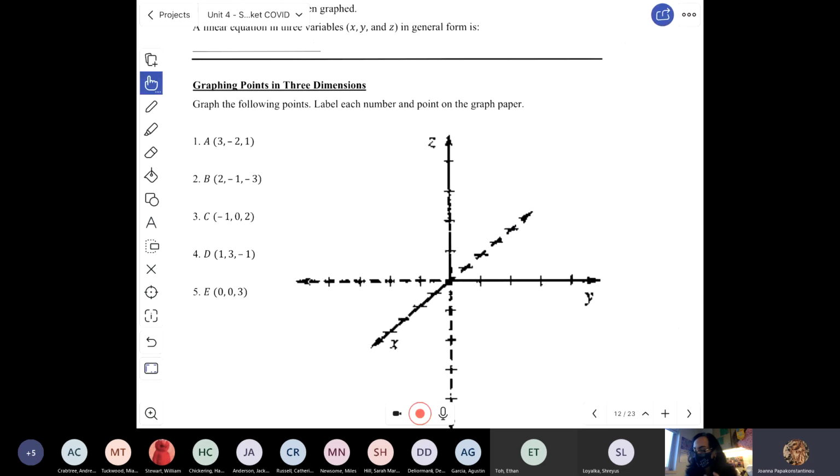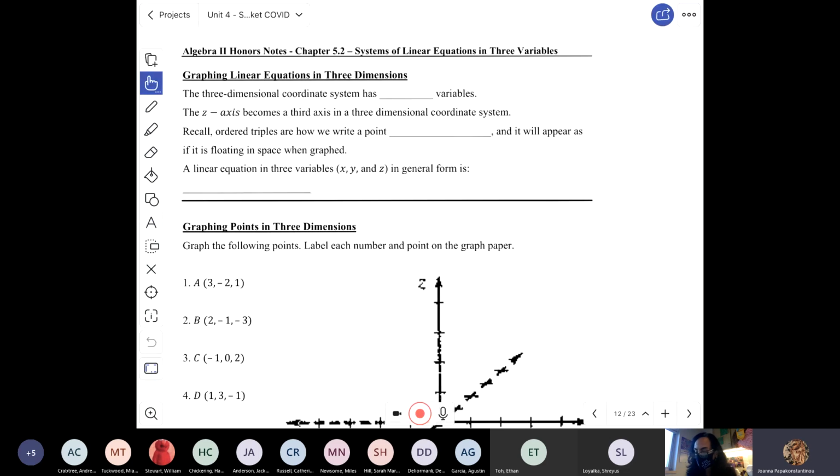Now we're moving into 3 space, the 3-dimensional coordinate system. In the 3-dimensional coordinate system, we have 3 variables. So now we have X, Y, and Z when we want to write a point. We write a point in 3 space as an ordered triple, X, Y, and Z.